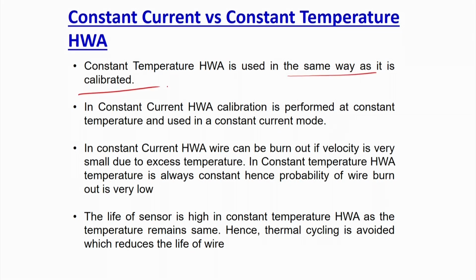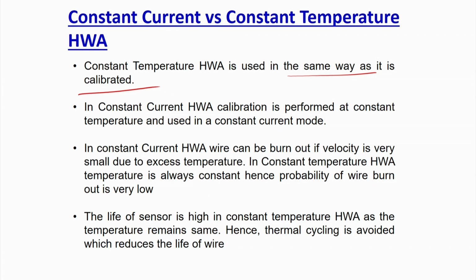Okay. Then in constant current, as I said, the calibration is also performed by maintaining the constant temperature, and then that is converted in terms of the constant current. So, you have to do a conversion, and then that conversion has to be converted again in terms of the velocity.